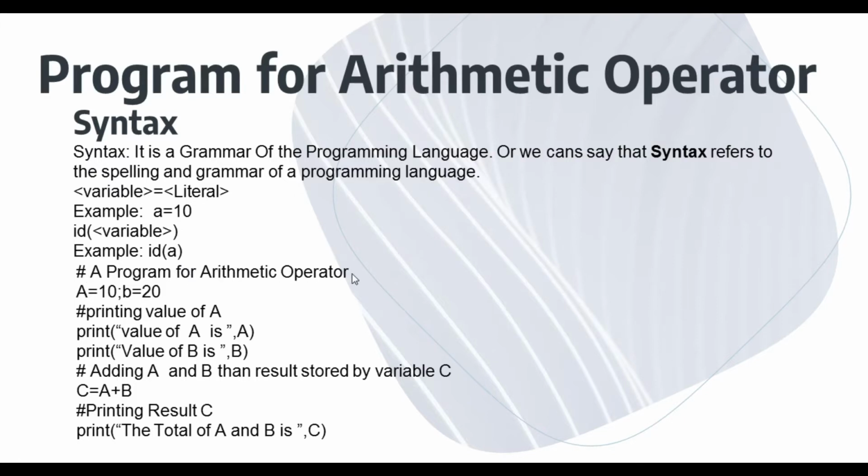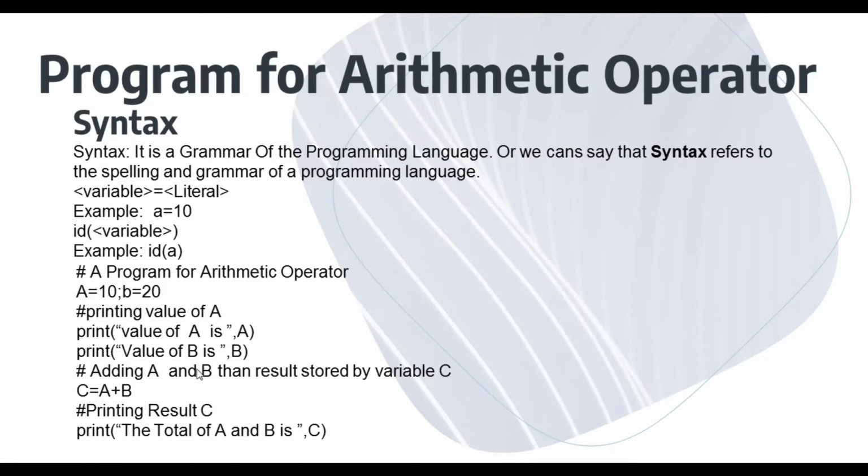Here is a program for arithmetic operators. I have taken two variables a and b, storing the values 10 and 20, separated by a terminator, a semicolon, in a single line only. I am printing the values of a and b using the print function: print, round bracket open, double quote, "value of a is", double quote close, comma a, and then "value of b is", comma b.